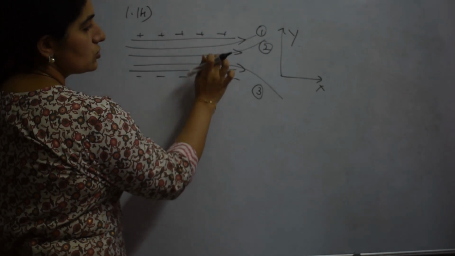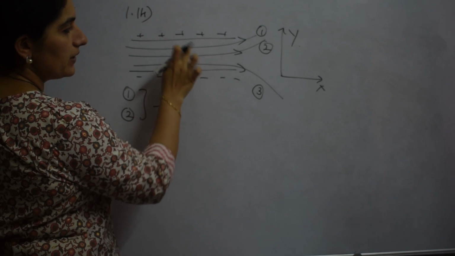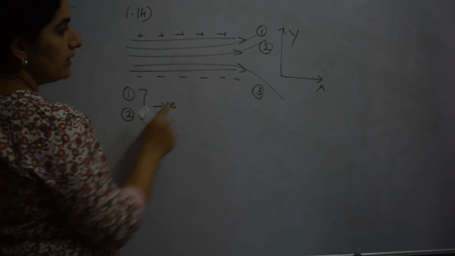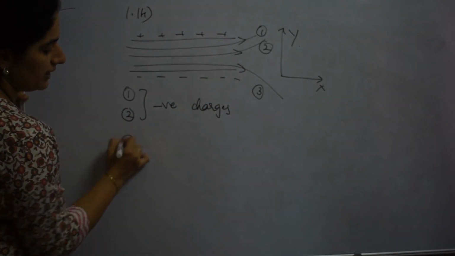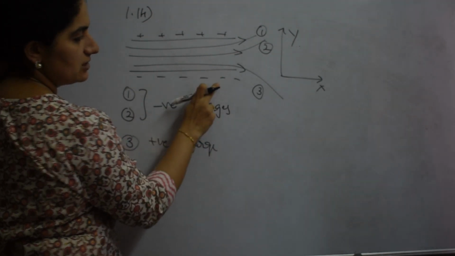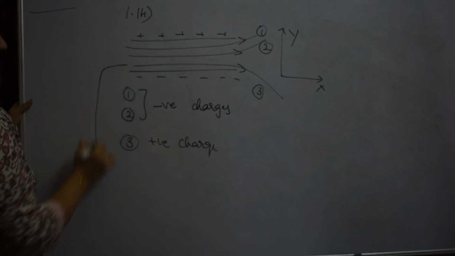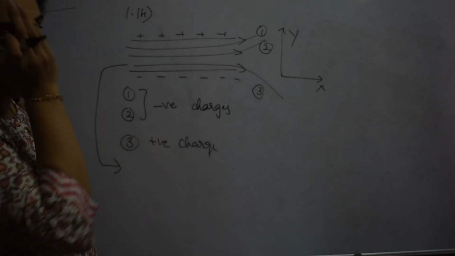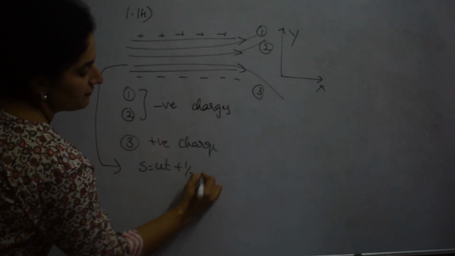Now these two, 1 and 2, will have negative charges. Why? Because you can see that the deflection is along the positive side. So 1 and 2 will be negative in nature. And the third one should be positive charge, because it is attracted towards the negative one. Moreover, this third one will have higher deflection, because we have S equal to ut plus half at square.